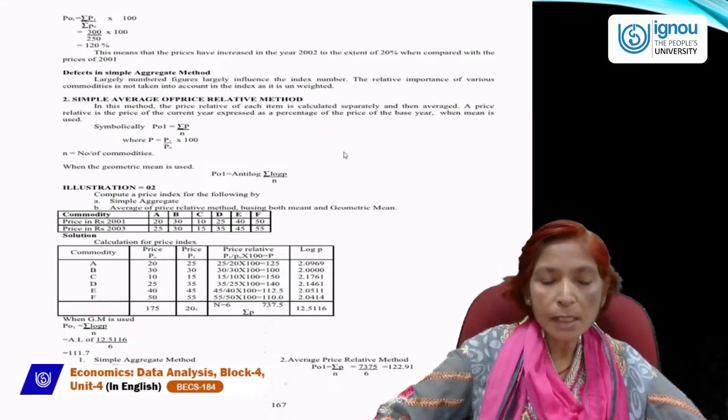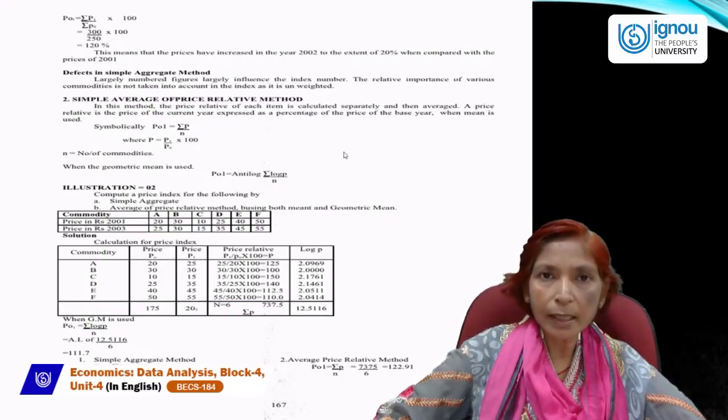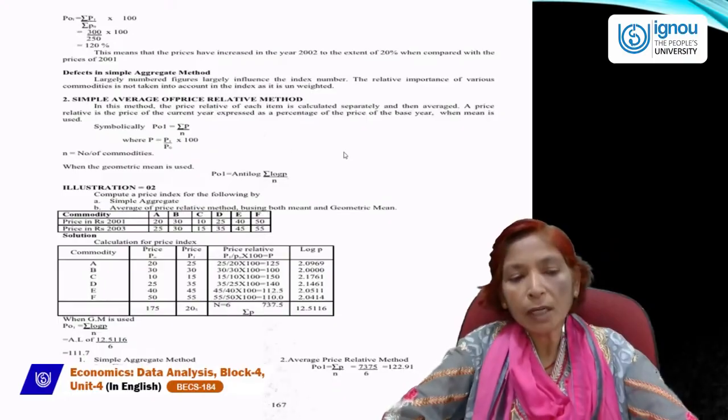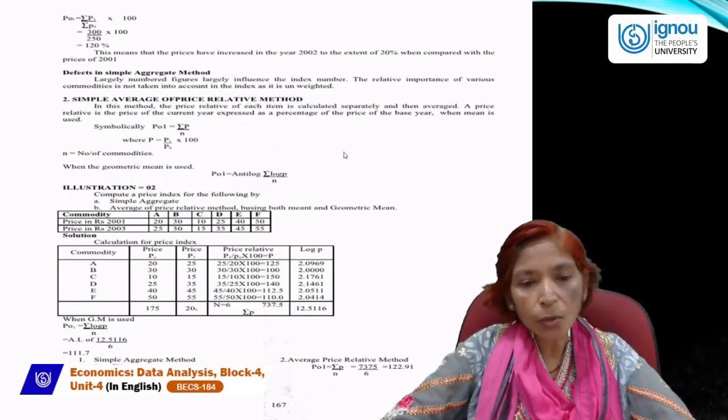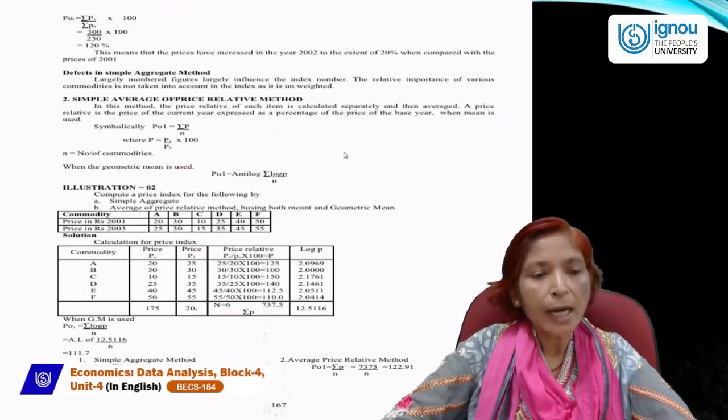So in the simple aggregate method, we can estimate the price index, which is denoted by P01, equals sigma P1 upon sigma P0 into 100. Sigma P1, the current year price total, is 205, and the base year price total is 175.